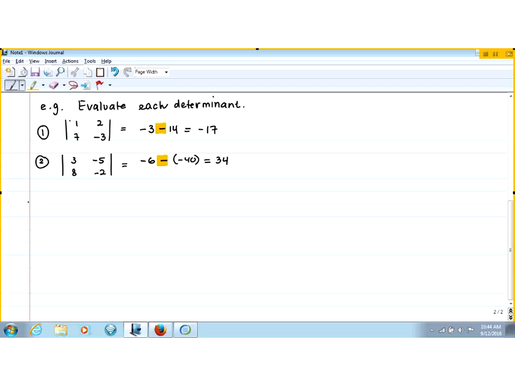Now, let's talk about determinant for a 3 by 3 matrix. So determinant of 3 by 3 matrices. Alright.